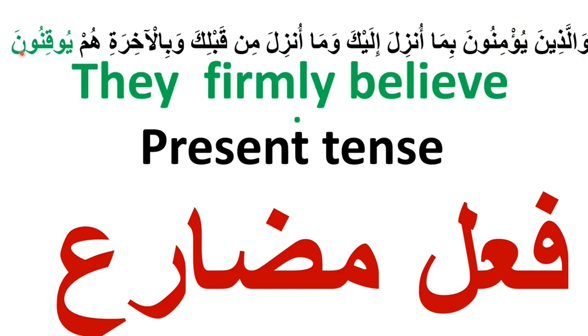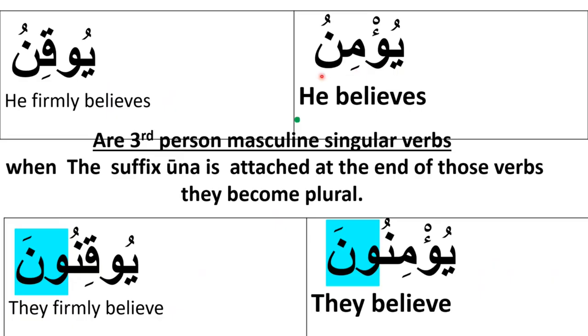يوقنون, they firmly believe. يوقنون is also in the present tense, فعل مضارع. يؤمن, he believes, and يوقن, he firmly believes, are third person masculine singular verbs.